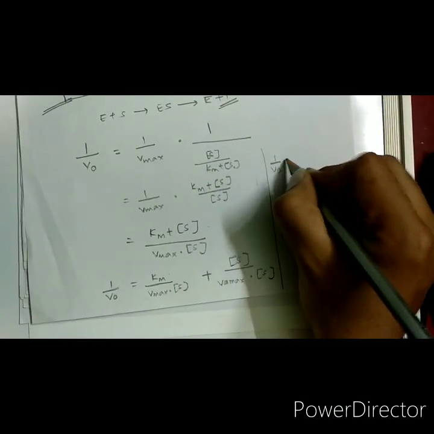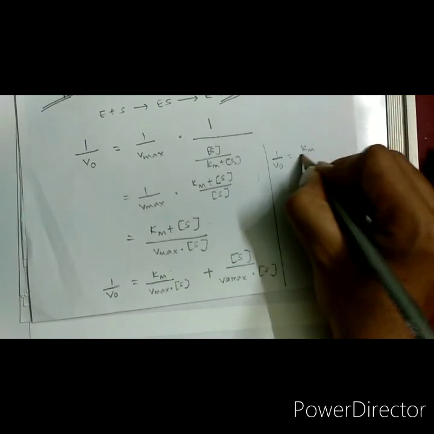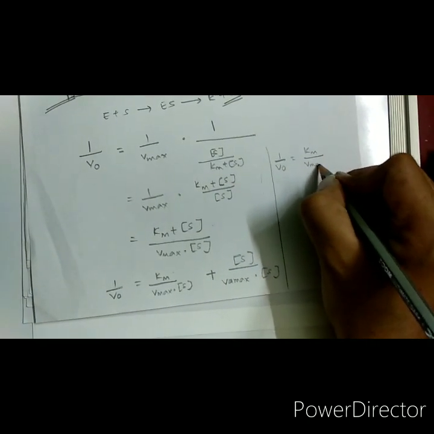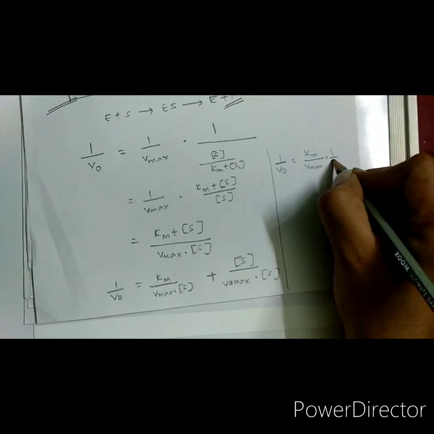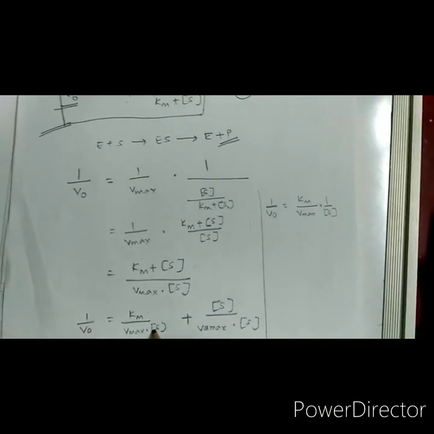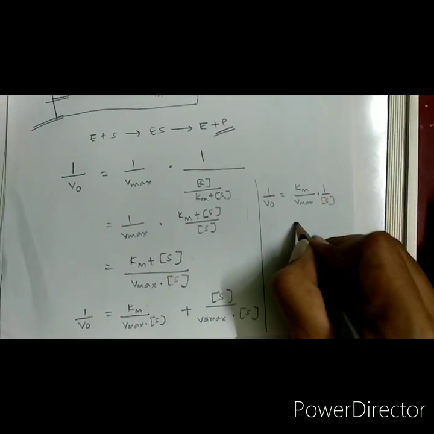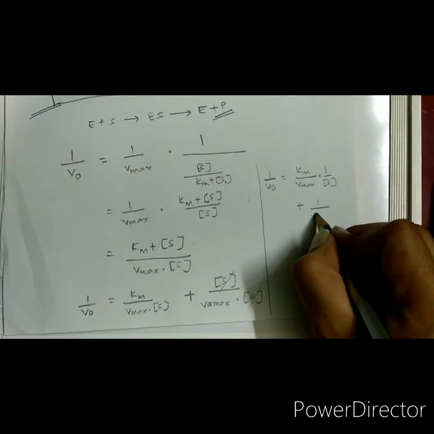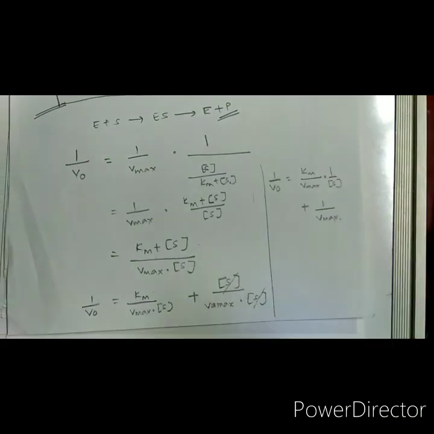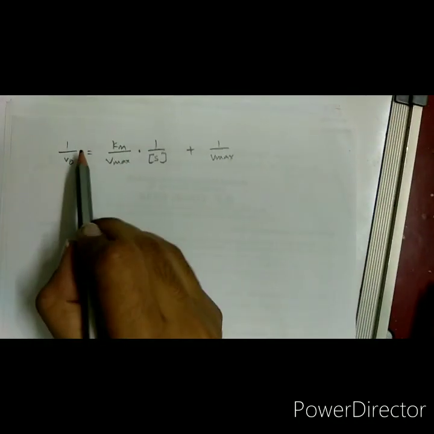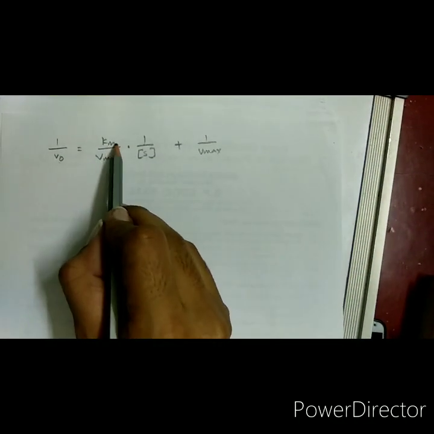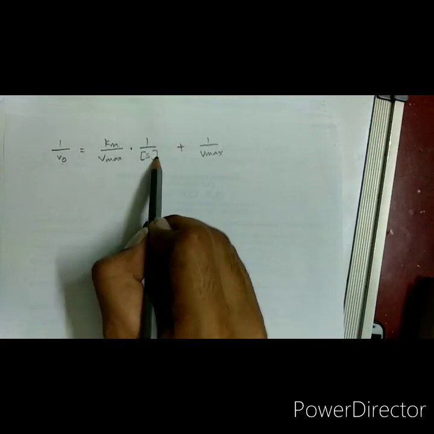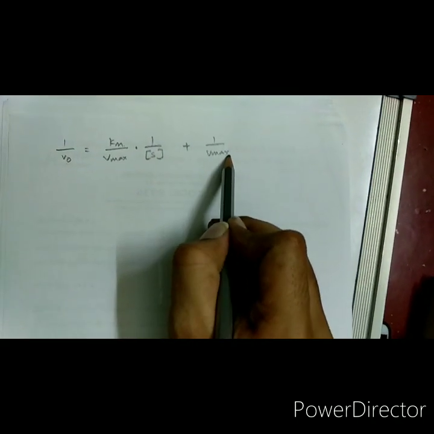So 1 by V naught is Km divided by Vmax into 1 by S, plus S and S get cancelled, so we get 1 by Vmax. You can see 1 by V naught equals Km by Vmax into 1 by S plus 1 by Vmax.